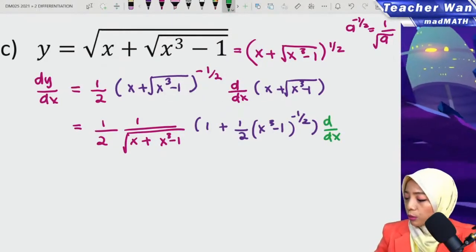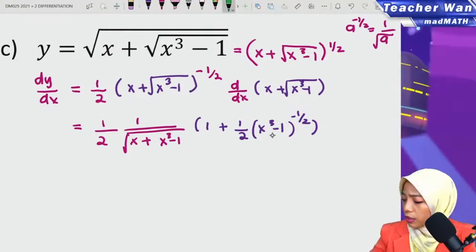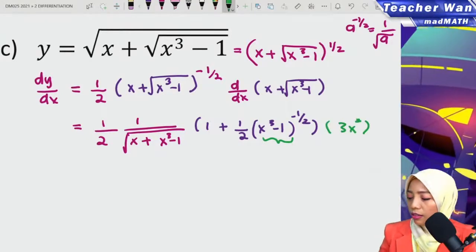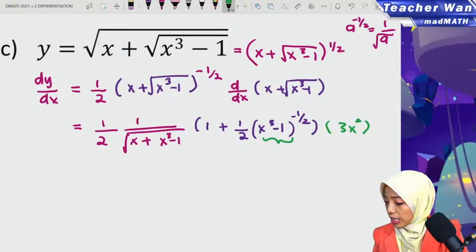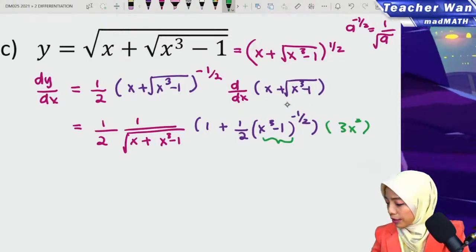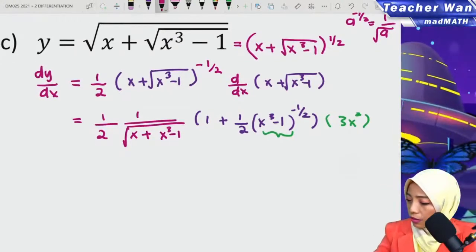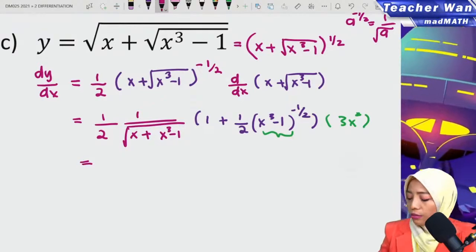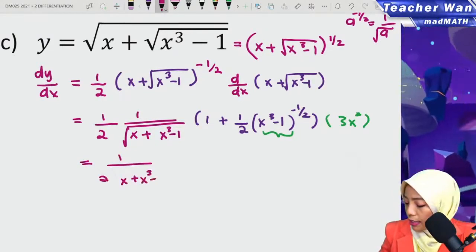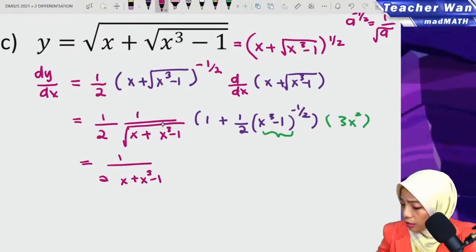We can differentiate this function directly: 3x squared. Let's check a little bit here. Yes. So now 1 over 2 times x plus root of x cubed minus 1.